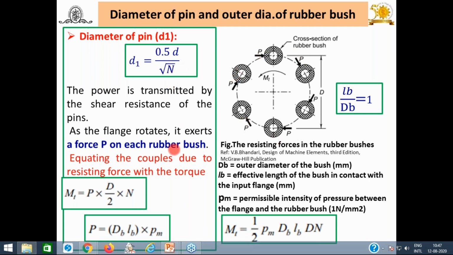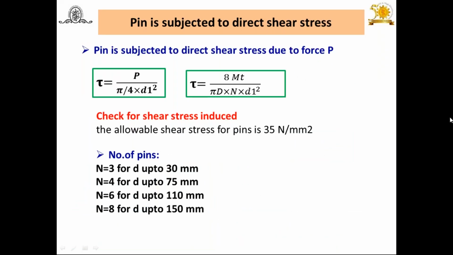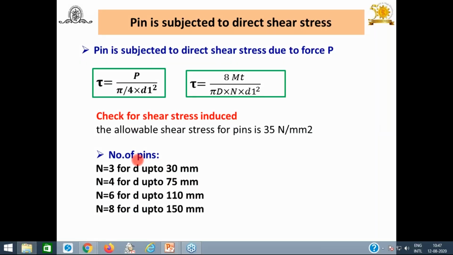How to decide the number of pins? On the next slide, I have written N is equal to 3 when shaft diameter is up to 30 mm. Number of pins is equal to 4 when shaft diameter D is up to 75 mm. N is equal to 6 when shaft diameter is up to 110. N is equal to 8 when shaft diameter is up to 150.